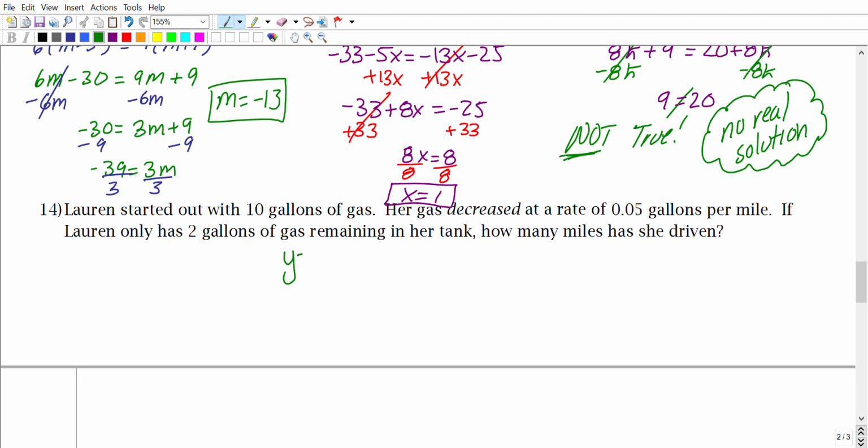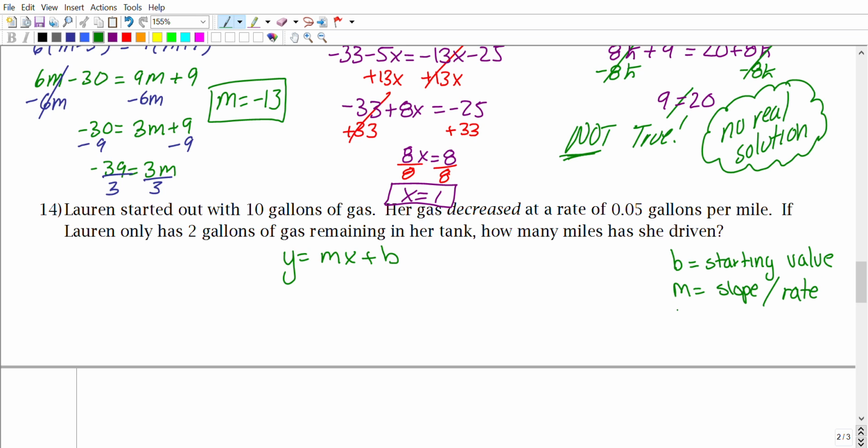You guys remember your linear functions? It's y equals mx plus b. And if you guys remember from before, b is your starting value, m is your slope, or another way to write that is your rate, okay?